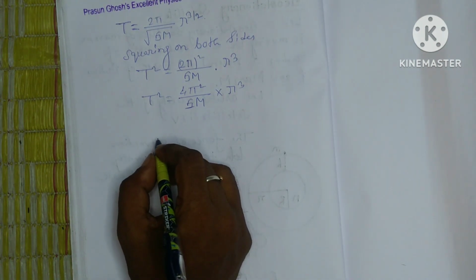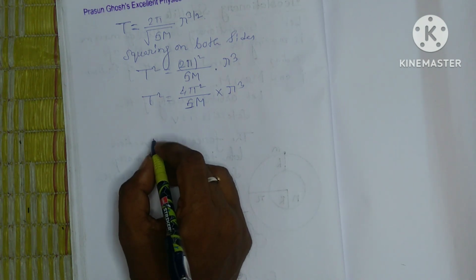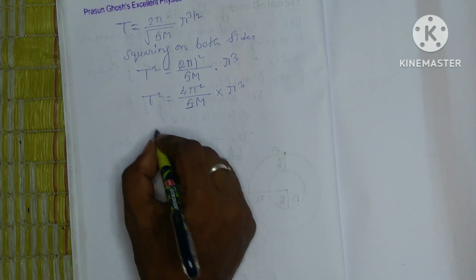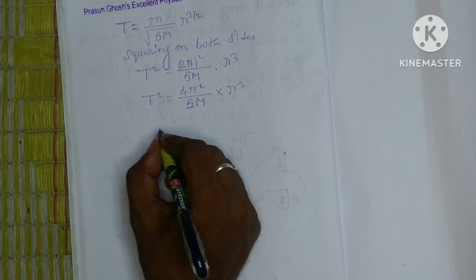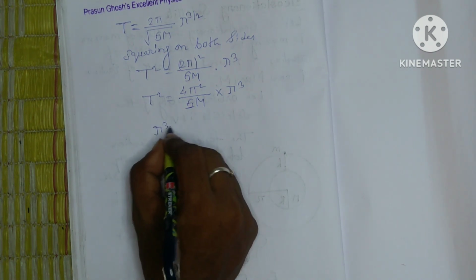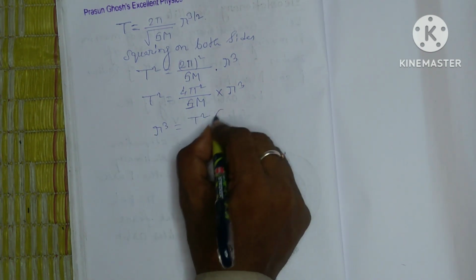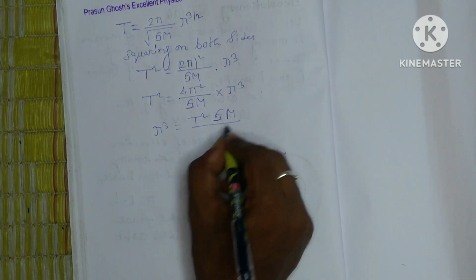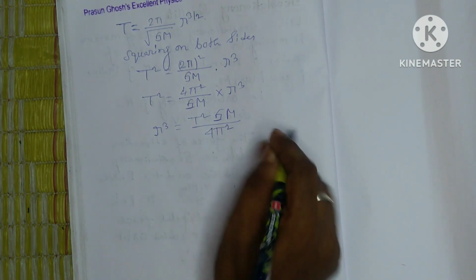So we can write r cube equal to T square GM by 4 pi square.